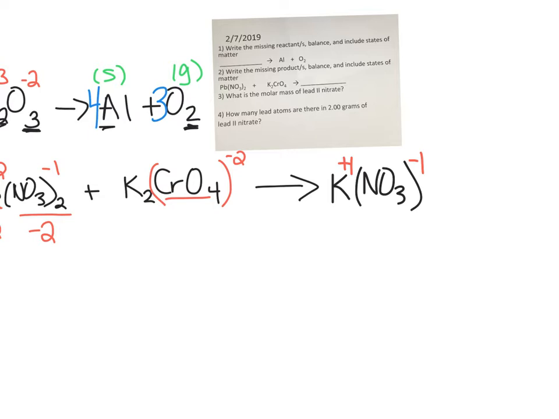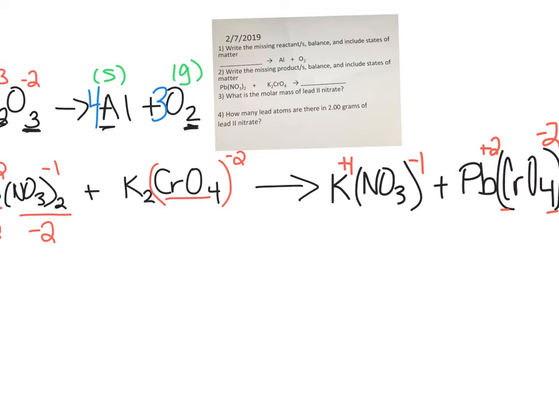No. The next one we've got was lead, which we said had a +2. We figured that out earlier from the reactant side. And chromate, according to our list, had a -2. So with those, we would crisscross. Do we end up with any subscripts? No, they cancel each other out.